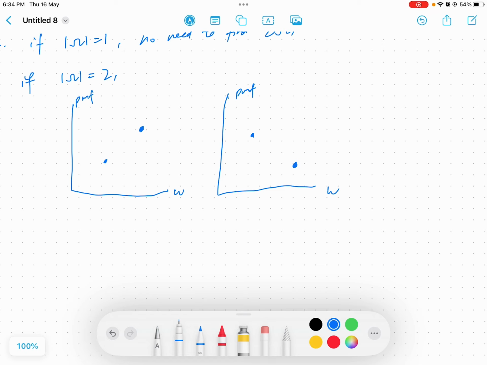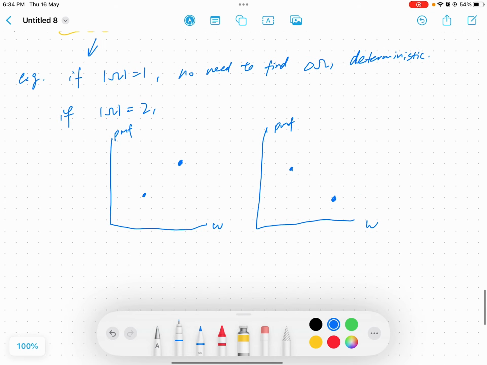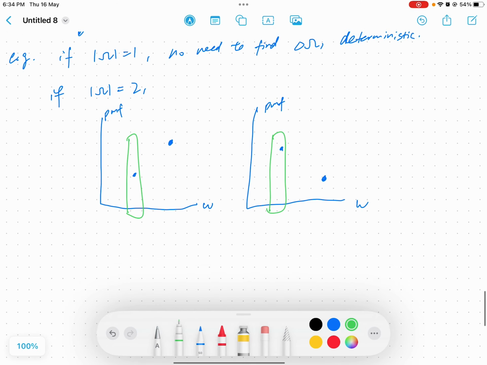So it has infinitely many of those possibilities. But here we notice that we only need one real number to denote this distribution, and the other one we just use 1 minus that. And that's it. This is a very interesting and very useful result.